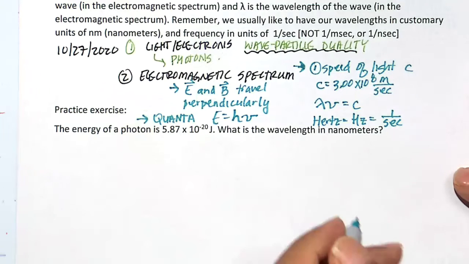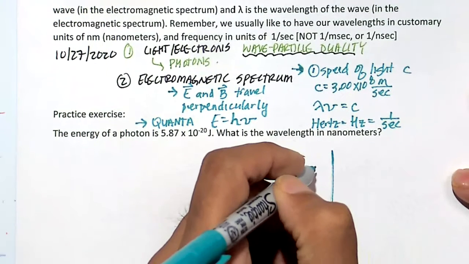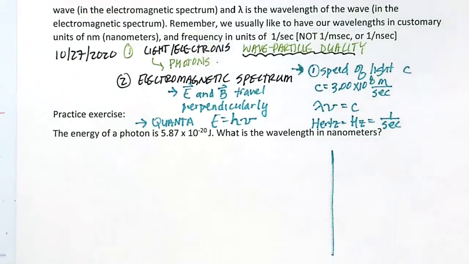And finally, our last main point here is excitation and emission. So imagine you're an atom, and how many of you play video games? My other sections, I asked the same question, and all the guys raised their hands.